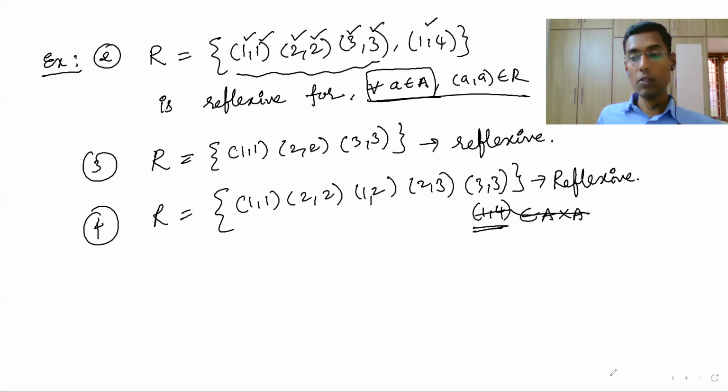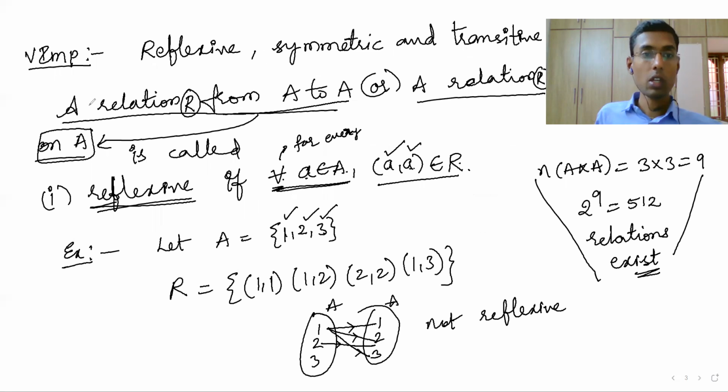Okay, now you understand what reflexive means, this first definition. A relation R from A to A, or relation R on A, is called reflexive if for every a belongs to A, (a, a) belongs to R. That means for every element in A, the image should be the same. For 1 there should be an image, for 2 there should be an image, for 3 there should be an image.